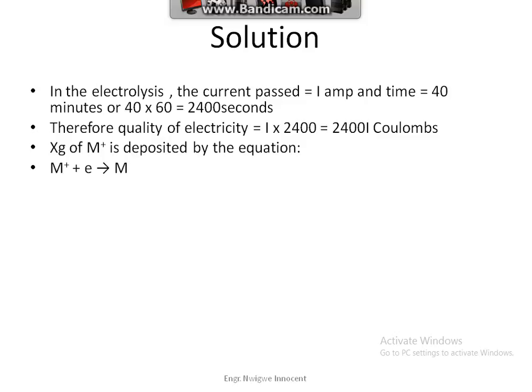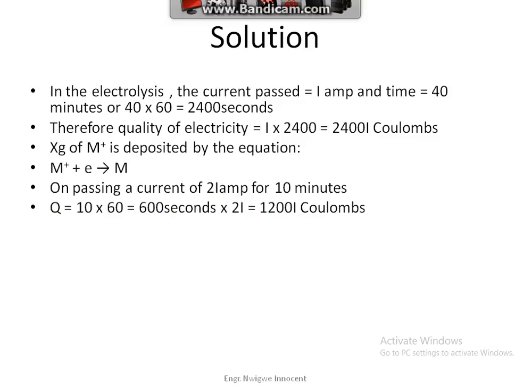On passing a current of 2I amp for 10 minutes, Q is equal to 10 times 60, which is equal to 600 seconds times 2I, which is equal to 1,200 I coulombs.